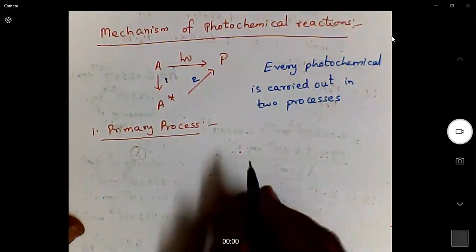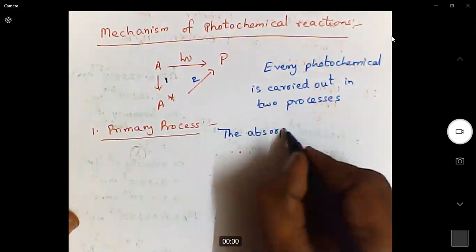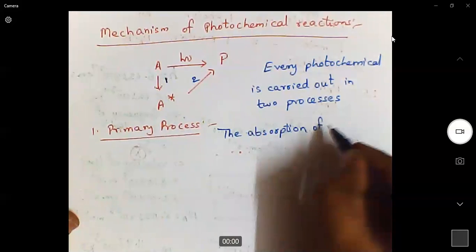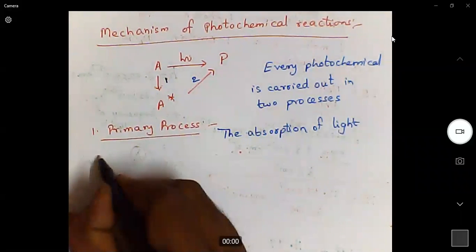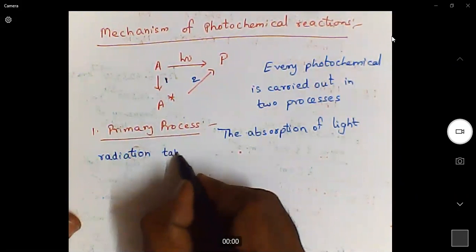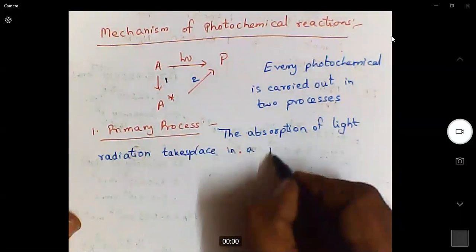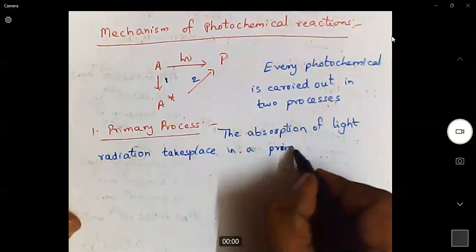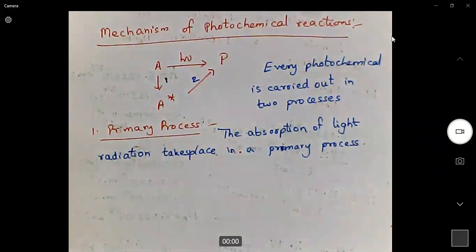The absorption of light radiation takes place in a primary process. What is a primary process? Absorption of light by the reacting molecule is the primary process.